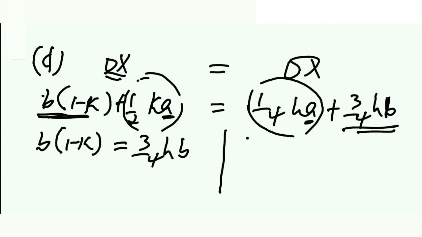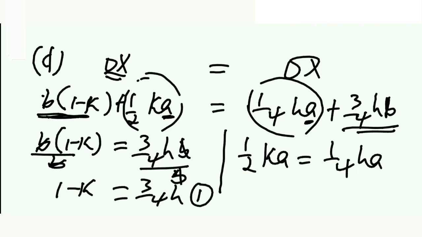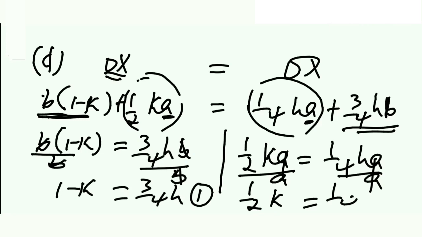Then half KA is equal to quarter HA. Then divide both sides by B. So it's 1 minus K equals 3/4 H. This is equation 1. And also divide by A. So it's half K equals quarter H. And this is equation 2.